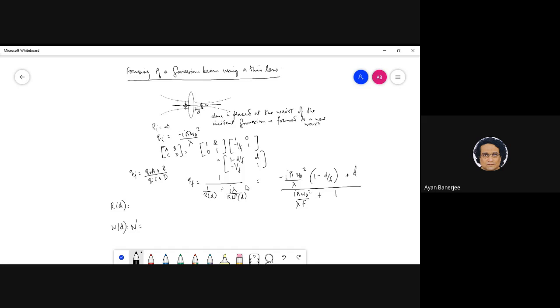Sir, on the right hand side, if we multiply the numerator and denominator by lambda and then put lambda equal to zero. Why will you put lambda equal to zero? Because sir, on the left hand side, we'll get only R_d, so we can easily compare. No, why on the left hand side you will get that?